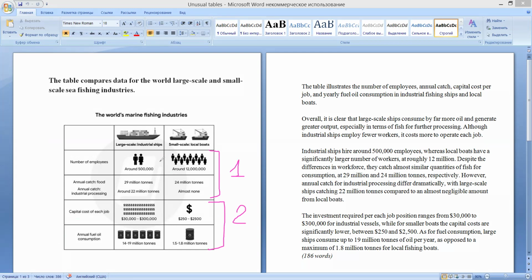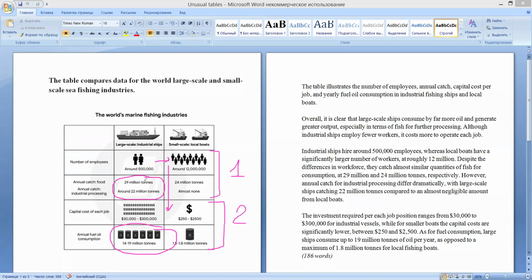Let's see. As we have already said, local boats have more employees. We can say that. And capital cost is quite different, right? And what else? We can say that industrial ships need more oil, right? And their output is much more significant.